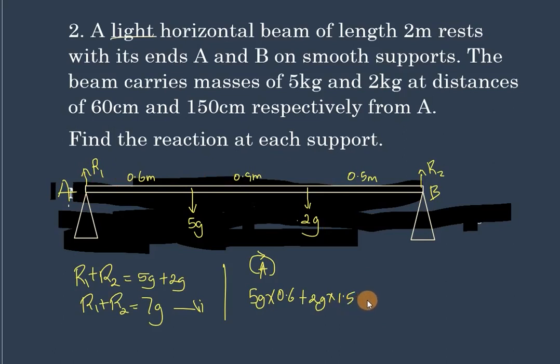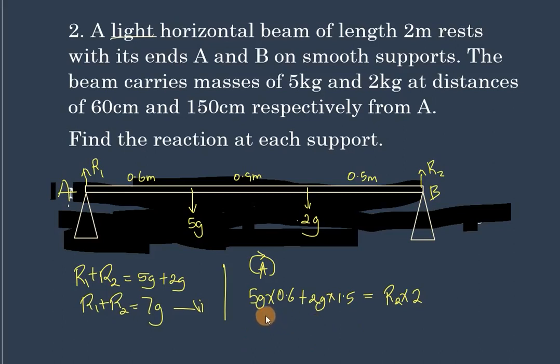Those are clockwise moments about A. They should be equivalent to this one, which provides an anti-clockwise moment: R2 times 2 meters.